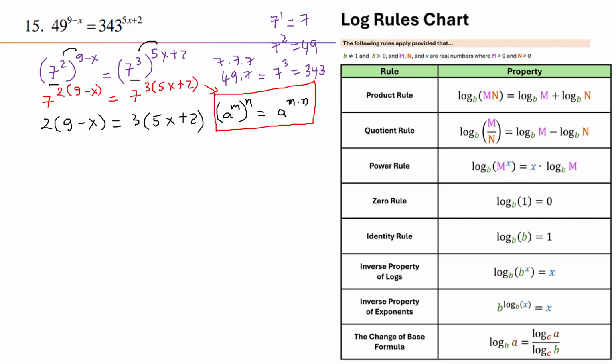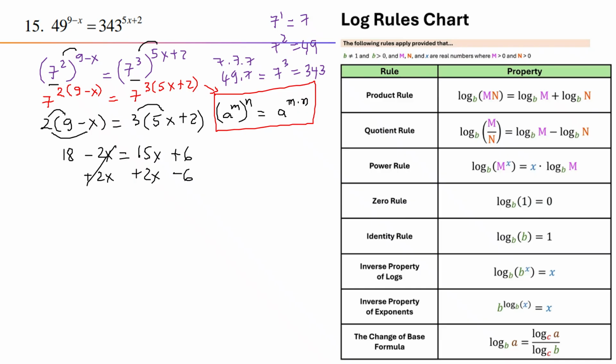It's no problem. Okay. So 2 times 9 is 18. 2 times negative x is minus 2x, equals 3 times 5x is 15x, and then 3 times 2, that's 6. Now we will add 2x to both sides, so we cancel that part. Now we want to move the 6, right? We want to combine like terms.